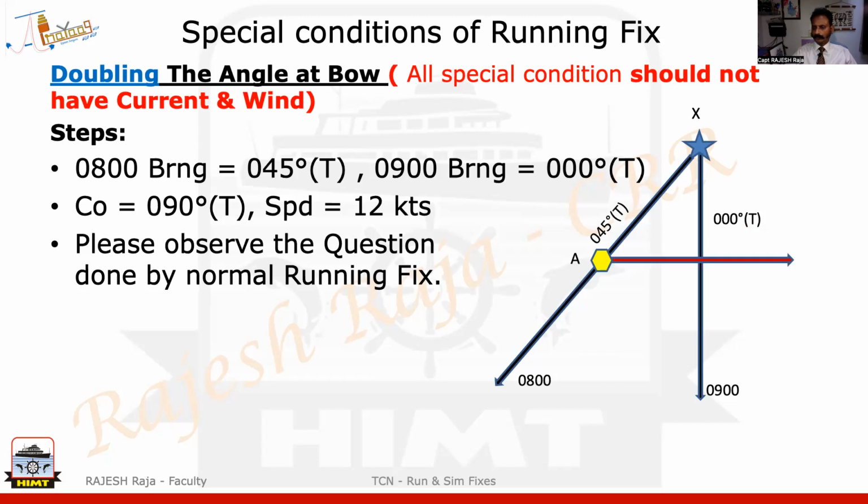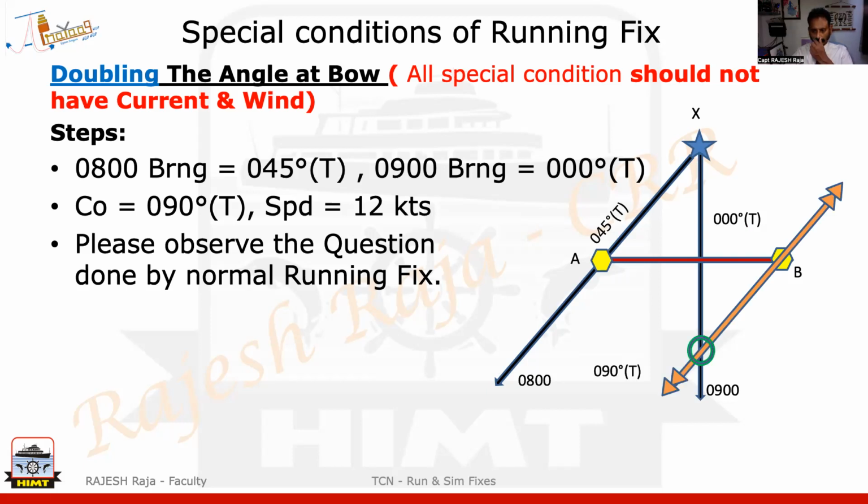I would have plotted my course steered, which is 090. Since the two bearings have a duration of 1 hour, I will take 12 nautical miles, mark Bravo, and transfer the first PL, which is your 8 o'clock PL, to Bravo. Wherever it intersects, I'm going to get the 9 o'clock fix.